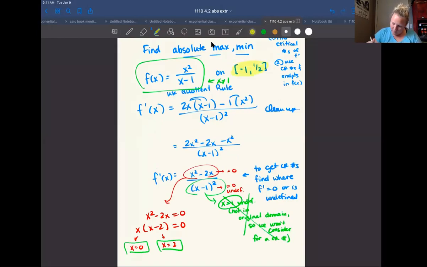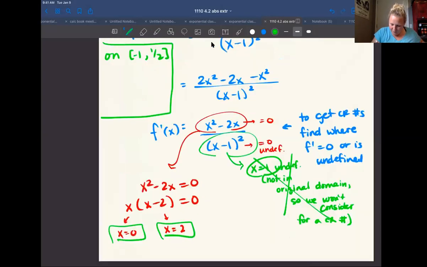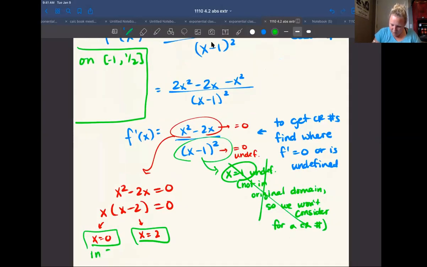I might have to come over here to the side because I ran out of room. So if we want to look on this closed interval of -1 to 1/2, you have to consider the endpoints and then also your critical numbers. 0 is in the interval -1 to 1/2, so we will use it in our algebra, but 2 is not in this interval, so we won't use it here.